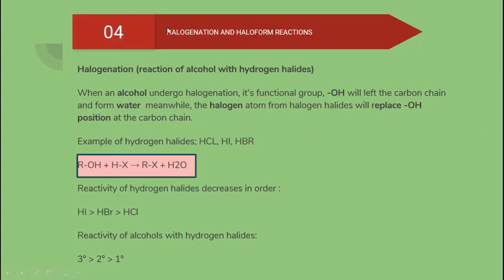Now number 4, halogenation and haloform reactions. Halogenation is the reaction of alcohol with hydrogen halides. When an alcohol undergoes halogenation, its functional group, the hydroxyl group, will leave the carbon chain and combine with a hydrogen from the hydrogen halide to form water.